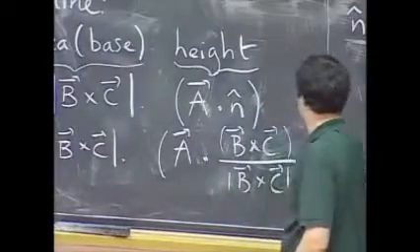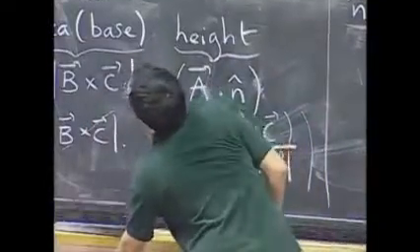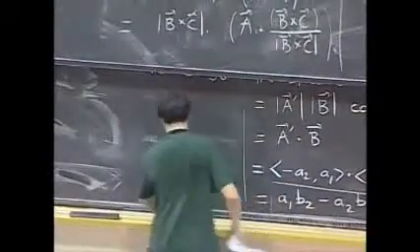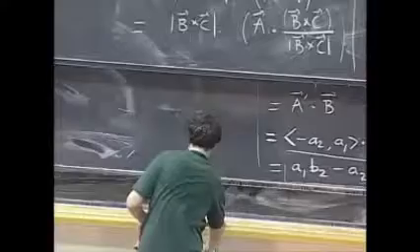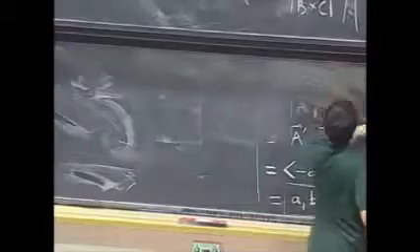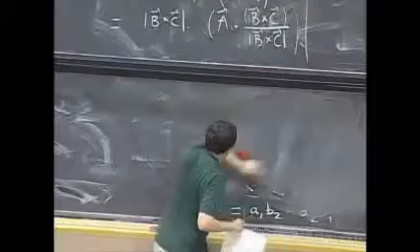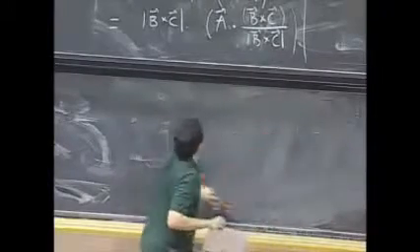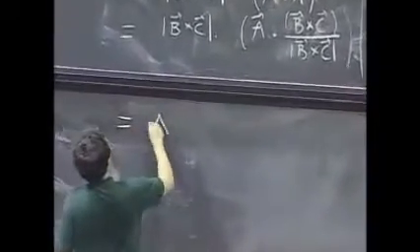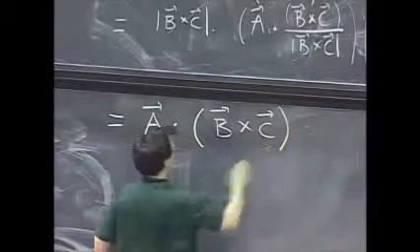Well, now I can probably simplify between these two guys. What I get out of this is that my volume equals A dot product with the vector B cross C. And of course, I have to be careful in which order I do it.